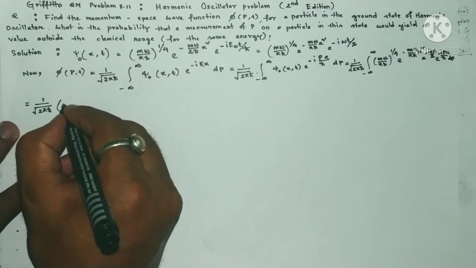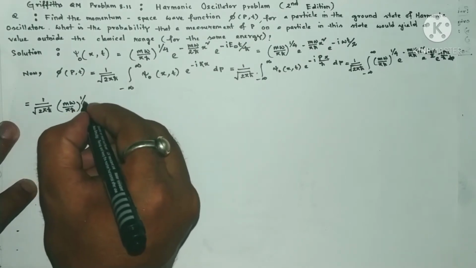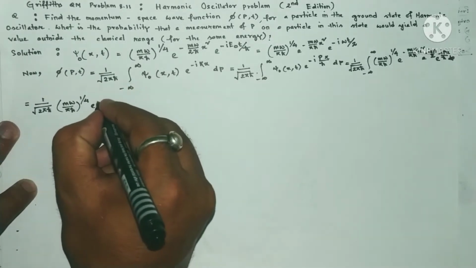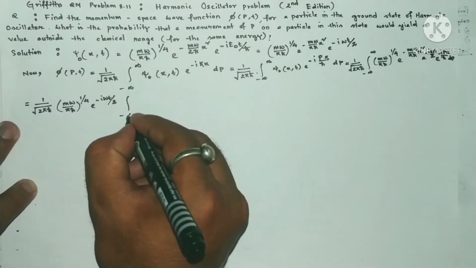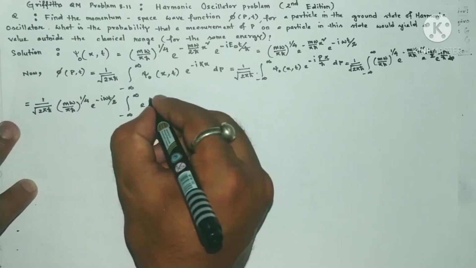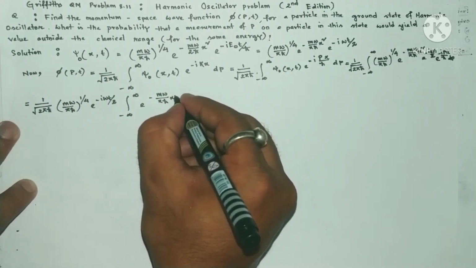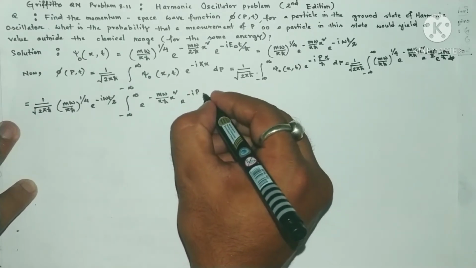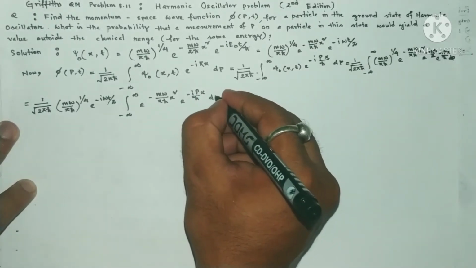We can take everything out: m omega over pi h cross to the power 1/4 and e raised to minus i omega t by 2, and we are left with the integral from minus infinity to plus infinity of e raised to minus m omega over 2 h cross x squared, e raised to minus i p x by h cross, dx.